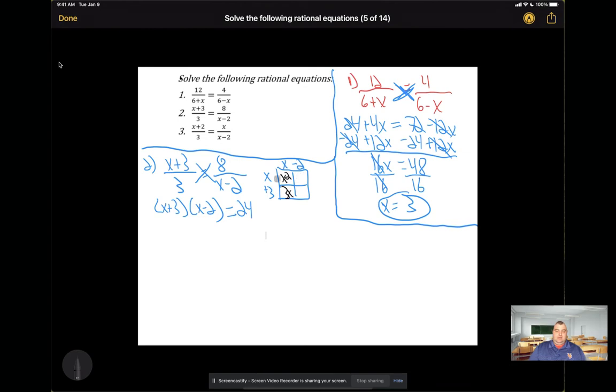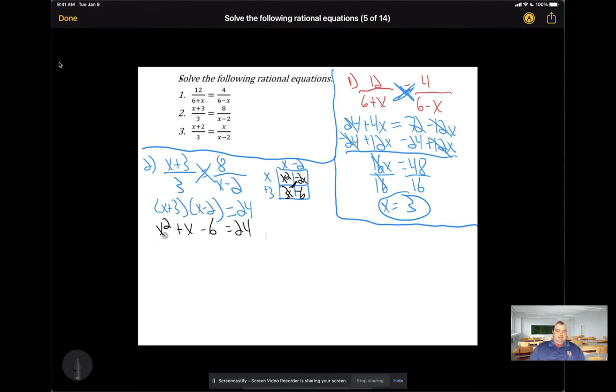Negative 2 times x is negative 2x. And negative 2 times 3 is negative 6. If I put that together, I end up with x squared, 3x and negative 2x becomes a positive 1x, minus 6. So x squared plus 1x minus 6 equals 24.